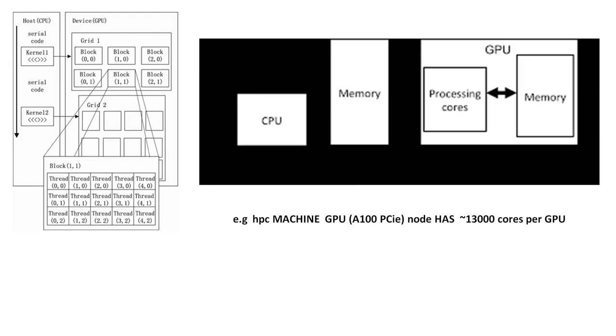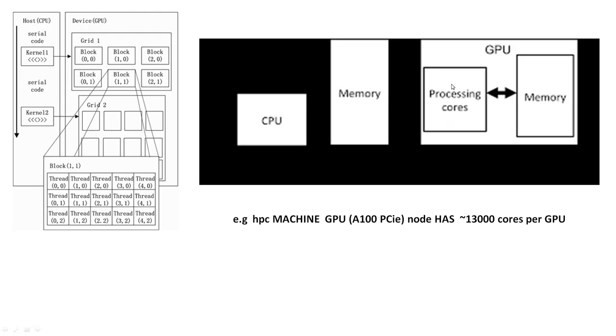So a typical HPC machine looks like this. Let's say for GPU, we have the A100 NVIDIA PCIe GPU, which has approximately 13,000 cores per GPU. This particular GPU has different versions, and this number varies from GPU to GPU. Now there is a CPU with a memory, and the GPU with a memory and some processing cores.